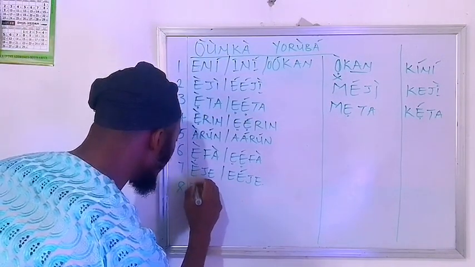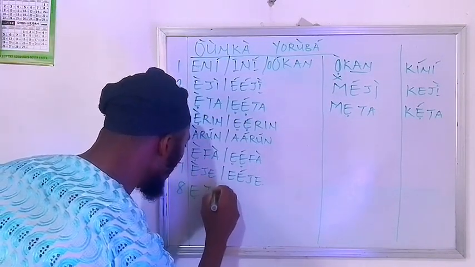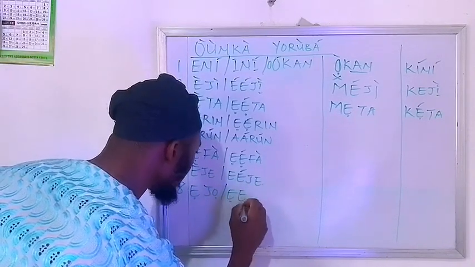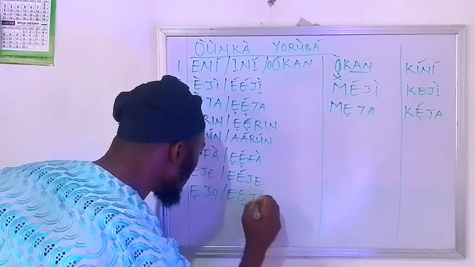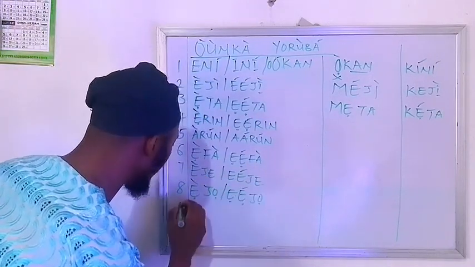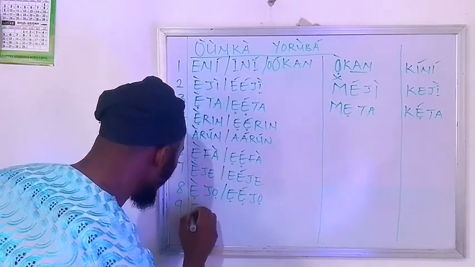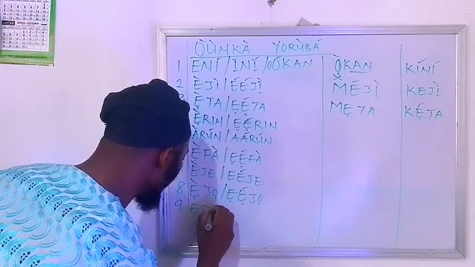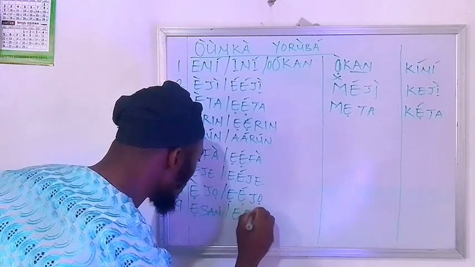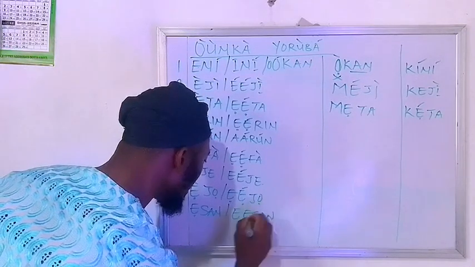8 is ẹ̀jọ, or ẹ̀jọ, dòre, or rèmíre. 9 is ẹ̀sán, or dò, mí.